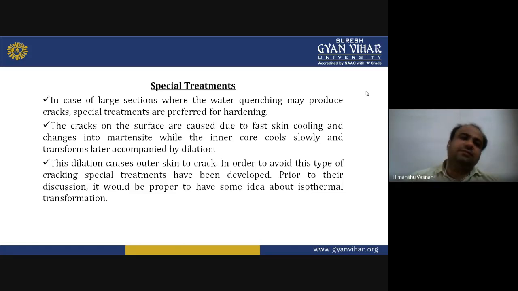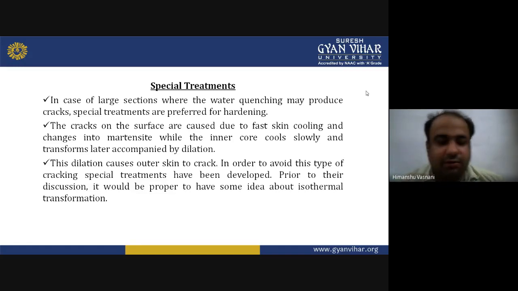Now, the cracks on the surface are caused due to fast skin cooling, the upper layer, the surface. It changes into martensite while the inner core cools slowly and transforms later, accompanied by dilation.